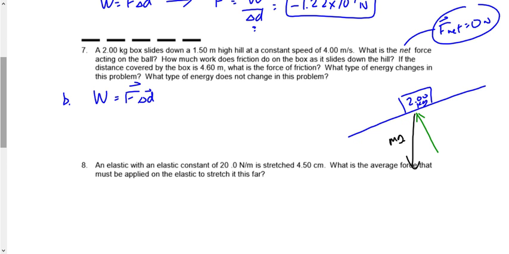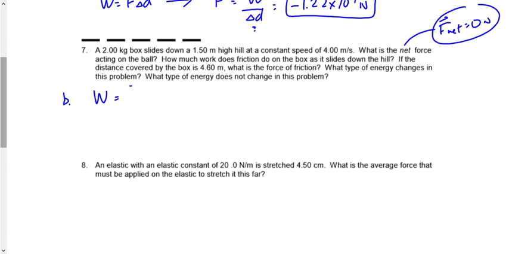You know what though? You can do that, because the only other way we can do it, the way that I was thinking, is to say W is equal to delta E, and delta E would be zero final energy minus initial energy, mgh, right? And we're assuming that it's going all the way down the hill in this case.